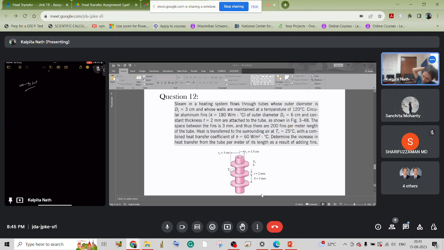What you have taken is pi d. What is the d? Ma'am, d is 0.03. So then what is the area now? What area did you find out? Pi d into l, it is 9.4.